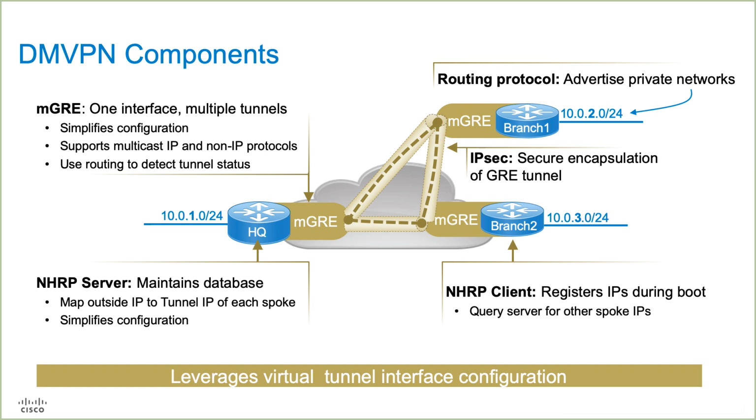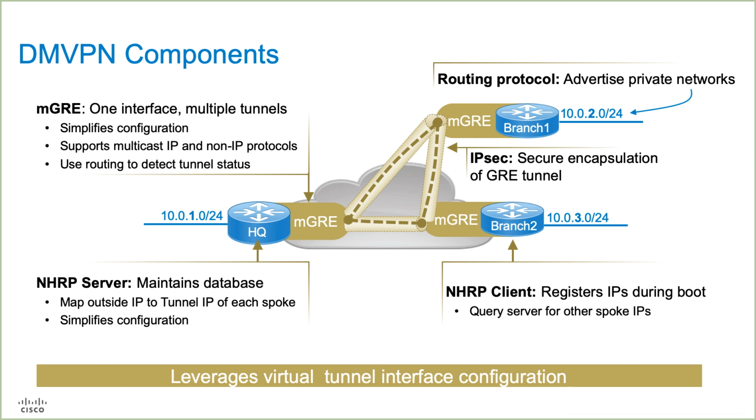Now, if we continue on with NHRP, or the Next Hop Resolution Protocol, for me, resolution is the key word. And in our industry, a lot of things are going to be very client-server oriented. So if we go over here to the bottom right-hand side and talk about the NHRP client, these are, of course, going to be your branch or your spoke routers, and they do several things.